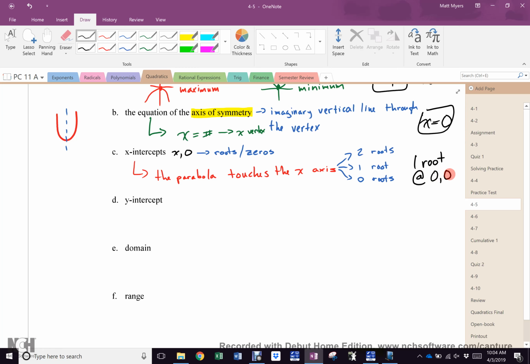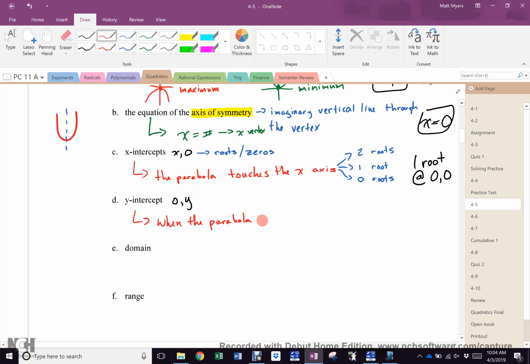Okay. The y-intercept, what's that? Zero y, and that's what it is in algebra. What is it in an actual graph? What is it?